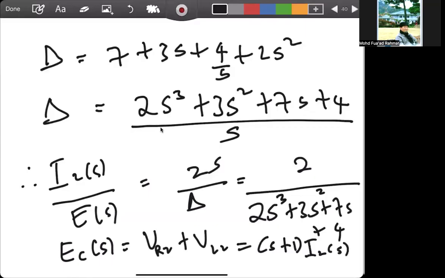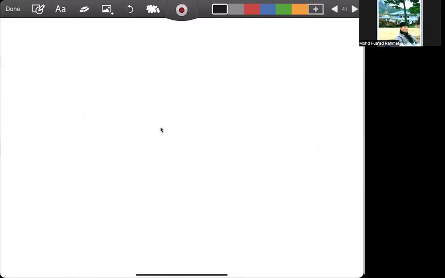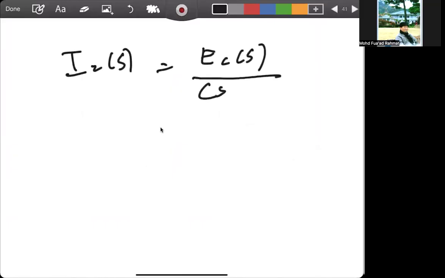So this I2S will be rewritten as S plus 1.